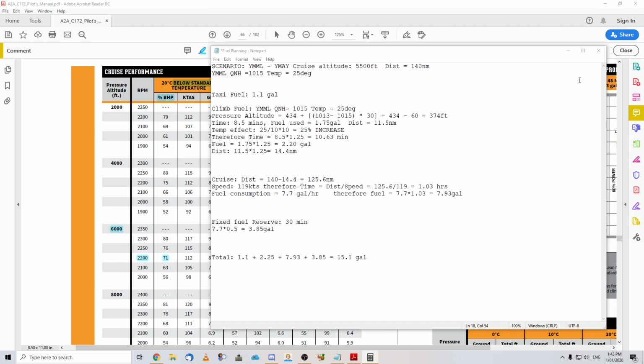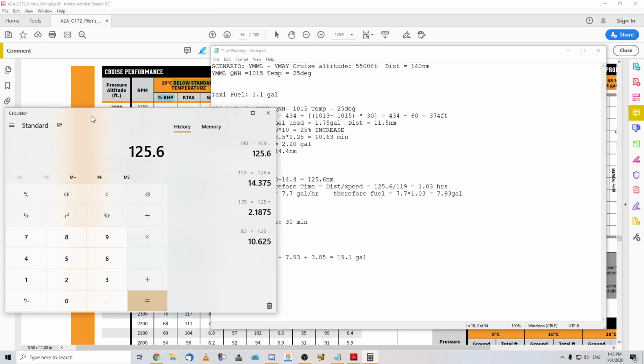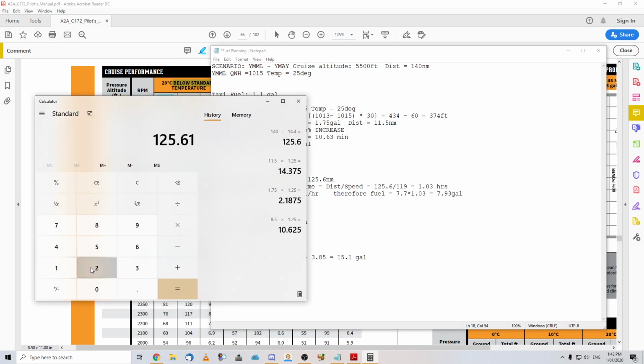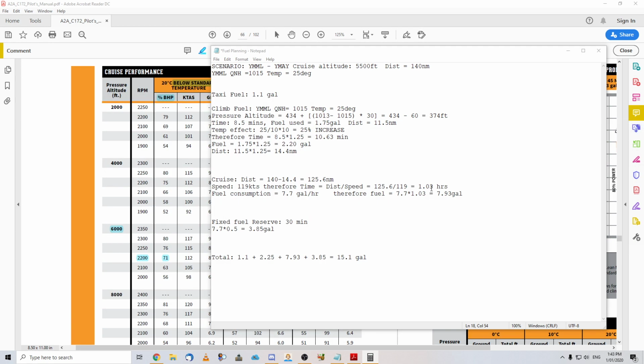Let me work that out. 125.6 divided by 119 is going to give us just over 1 hour, 1.05 hours.